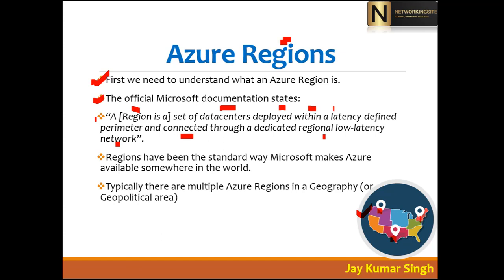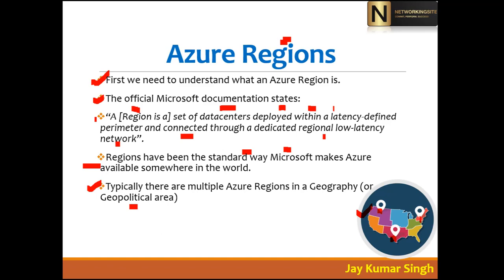Very simple. Regions are the standard way Microsoft makes Azure available somewhere in the world. So a region is the location where Microsoft data centers are located. Typically there are multiple Azure regions in a geography, or you can say a geopolitical area.